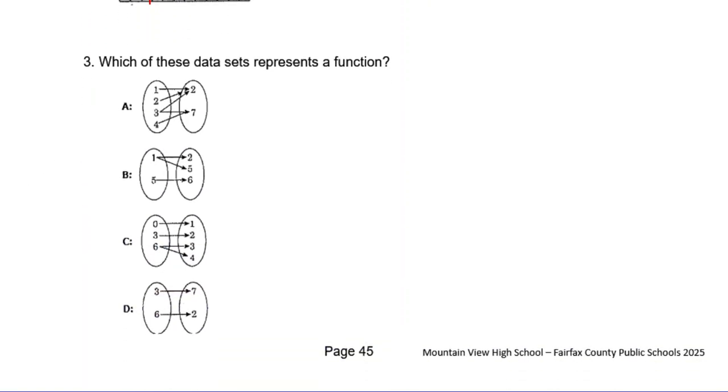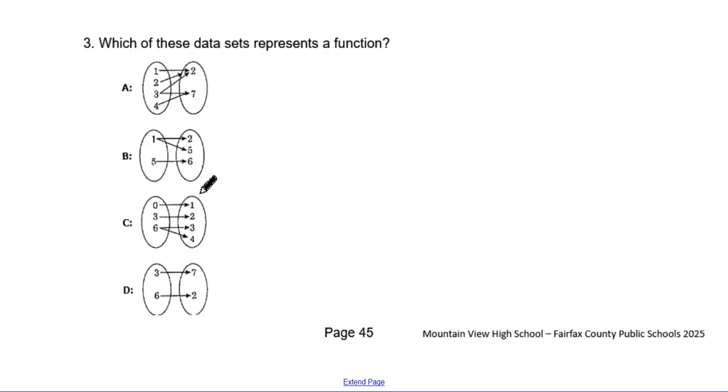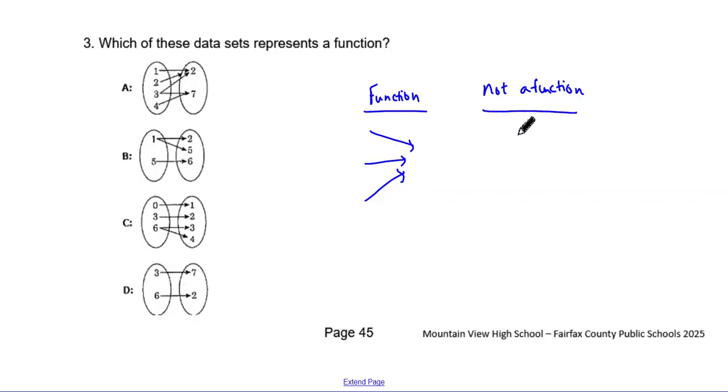All right, and then when you have an ordered pair, the way you can check for a function, you could have something like this. For not a function, you cannot have the same x value going to two different y values, okay?